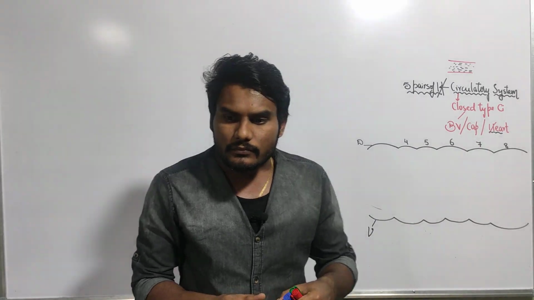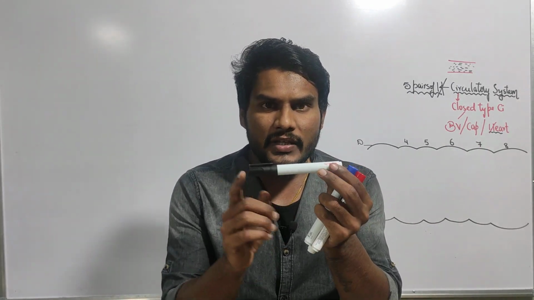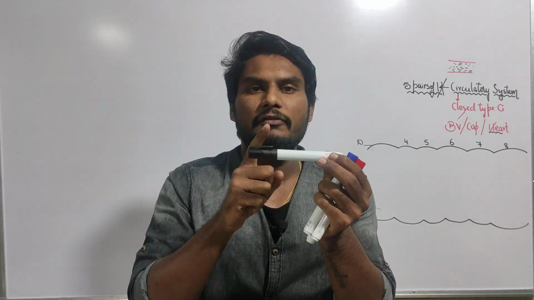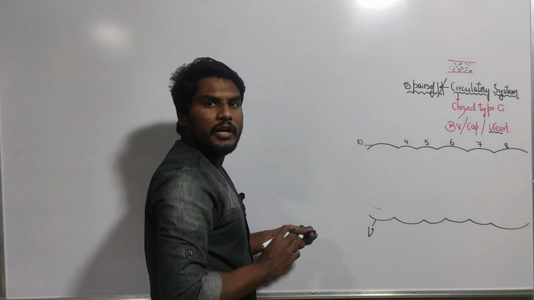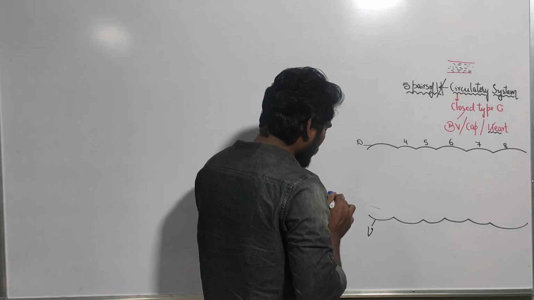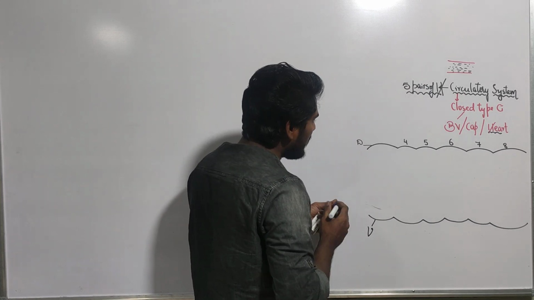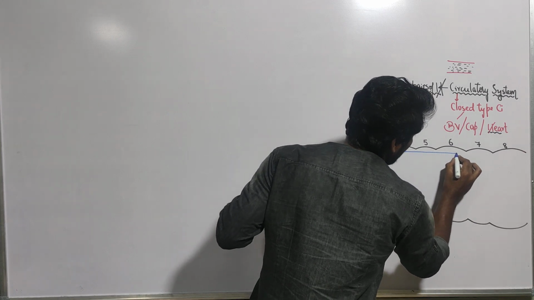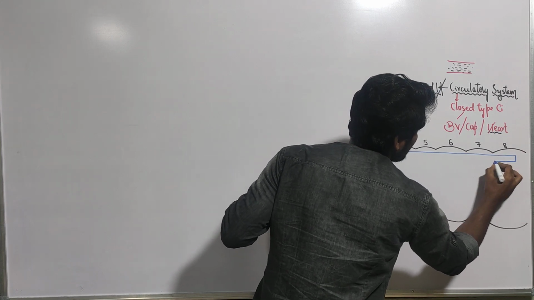You know the dorsal surface is identified by the presence of a mid-dorsal blood vessel along its longitudinal axis. Here there is a big dorsal blood vessel, like this.